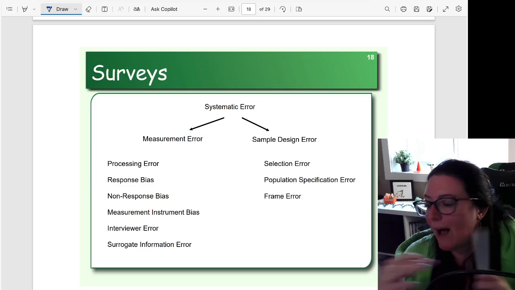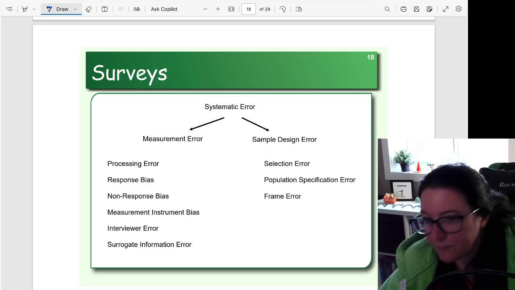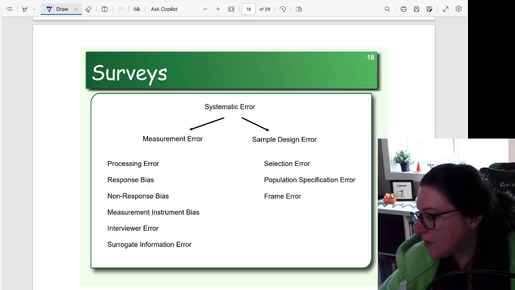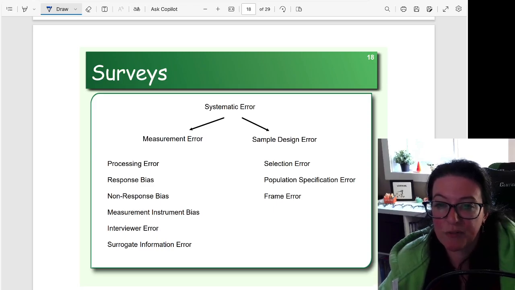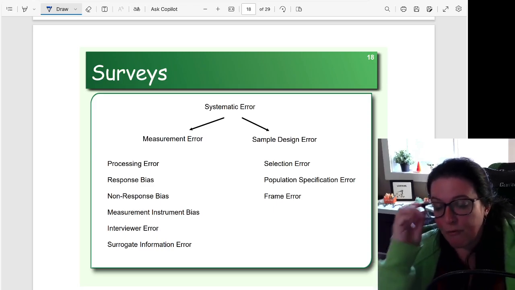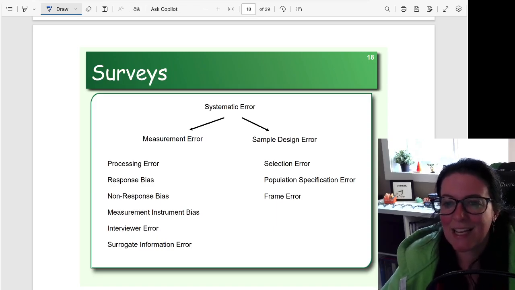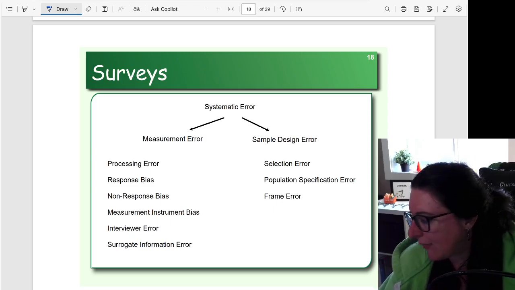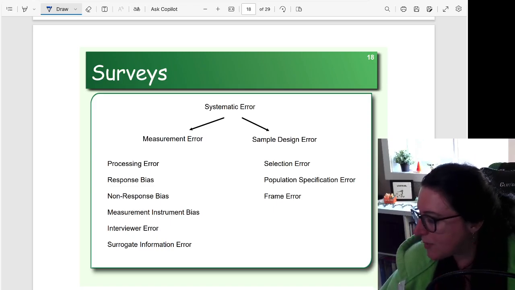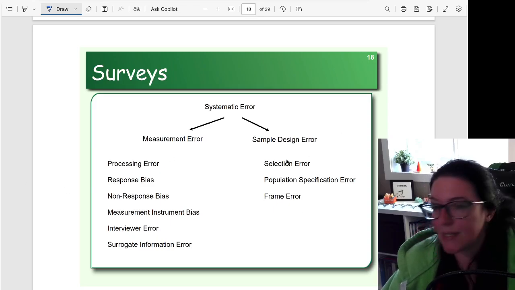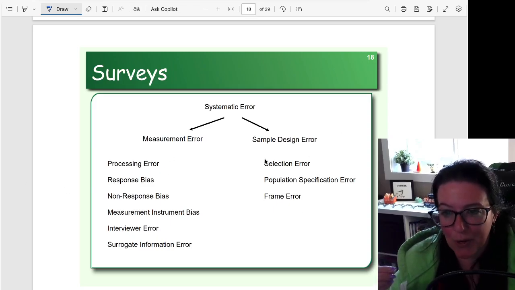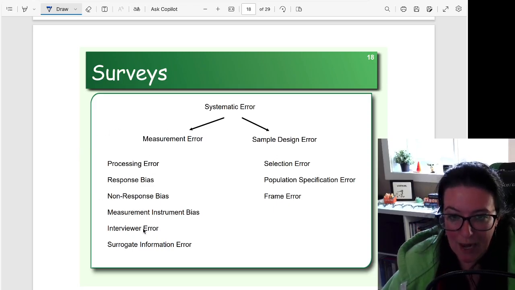Or maybe we have selection error in terms of our procedure for pulling our sample from that frame is not truly random, and so we're excluding groups in that selection. So one source of error is that sample design error, and that's in how you collect your participants. In this particular video, we're going to look at measurement error.